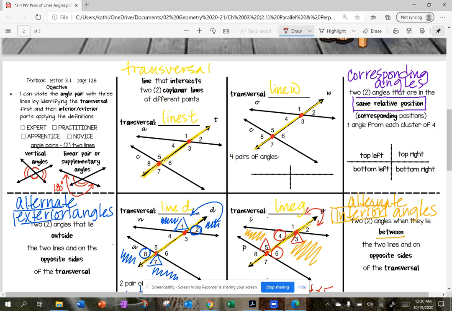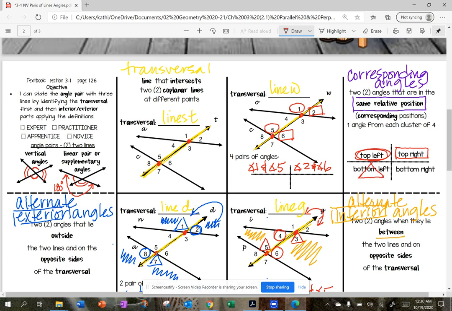Corresponding means the same relative position. Top left means I'm in the top left on both, so that would be angle 1 and angle 5. You'll notice I have one on the exterior and one on the interior. Top right and top right are angle 2 and angle 6.